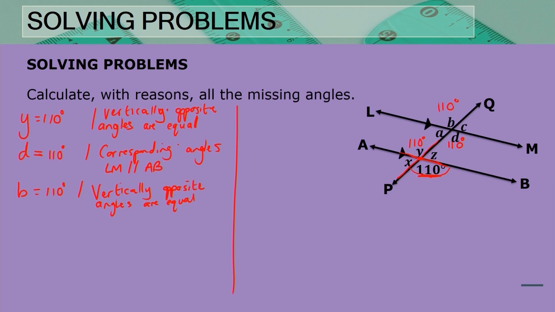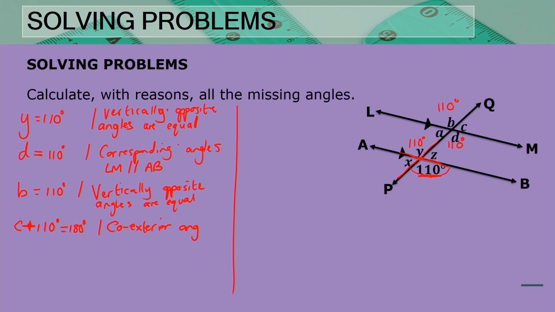Okay, so let us look at angle C. Angle C is co-exterior to the 110 that we were given. So this means that our angle C, when added to the 110 degrees, should give us 180 degrees. Why? Because co-exterior angles are supplementary.